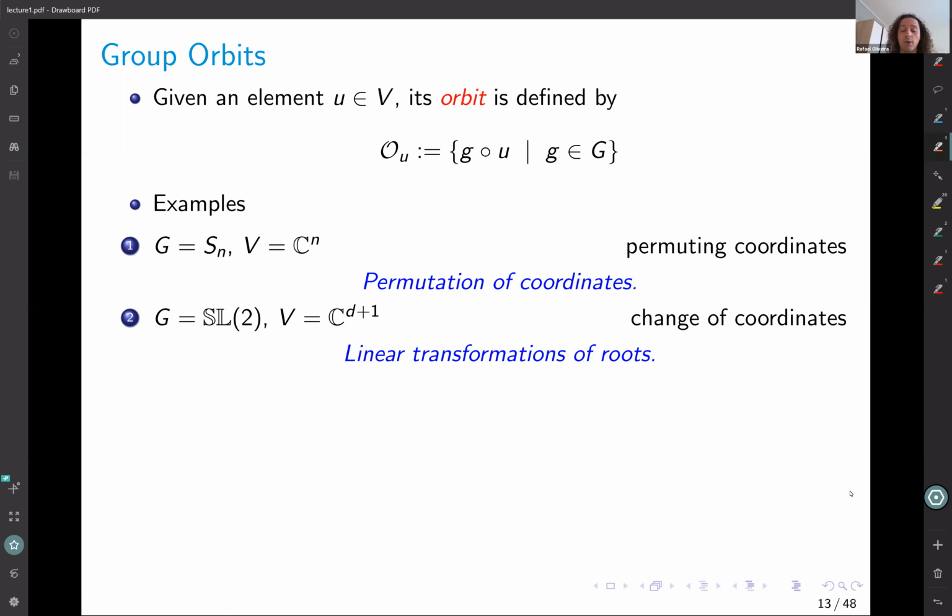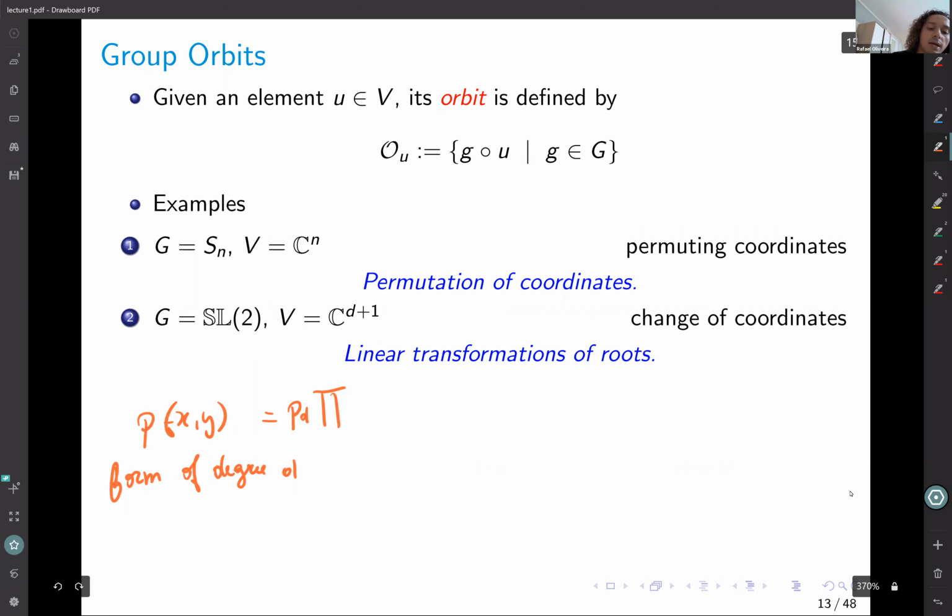What does this encode? This is actually encoding the linear transformations of the roots. If you remember, if I have a complex polynomial P(x,y) that is a form, a homogeneous polynomial of degree d, I can write this as a product: P_d, the coefficient of degree d, times the product of (y minus lambda_i x) to the power e_i. Here we have i equals 1 up to t, and the sum of the e_i from 1 to t is exactly equal to d, the degree of the polynomial.